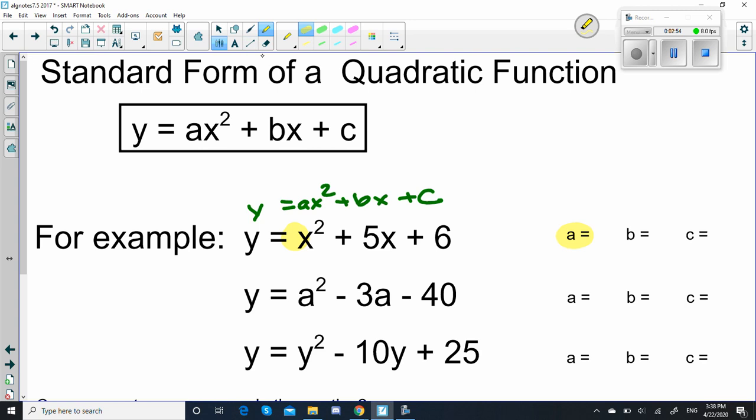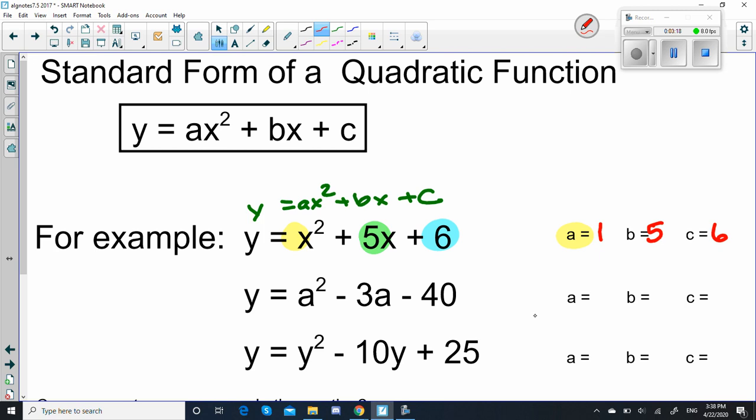And since there isn't a number there, my number is 1. And my B would be the number in front of x right here. So that one's my B. It's 5. And my C is the constant at the very back, that's all by itself in standard form. So this positive 6. So C is 6.